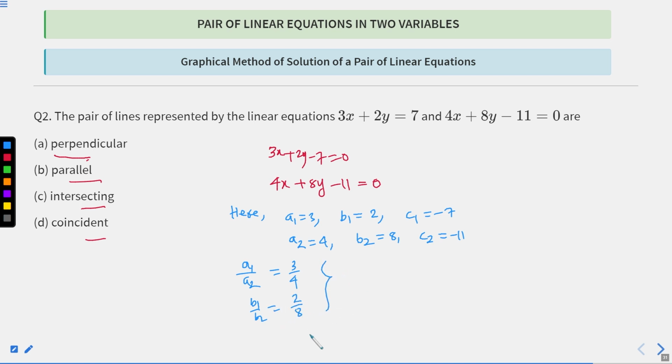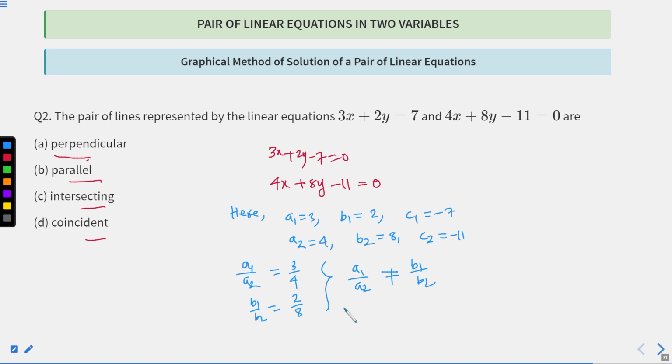Here you can see a1 by a2 does not equal b1 by b2. And we know the lines intersect at exactly one point when the ratio a1 by a2 does not equal b1 by b2.